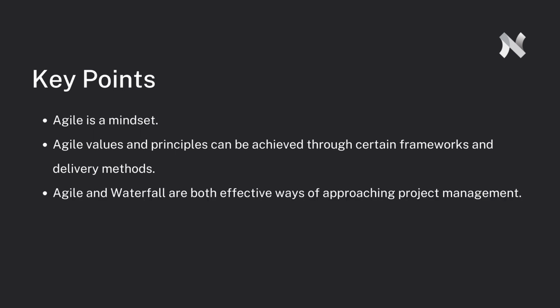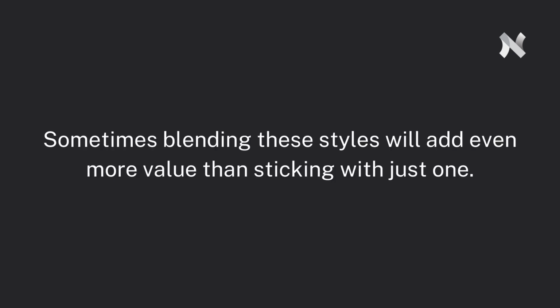And finally, Agile and Waterfall are both effective ways of approaching project management that add specific value. There are times when blending these styles will add even more value than sticking with just one. So don't be afraid to mix things up.